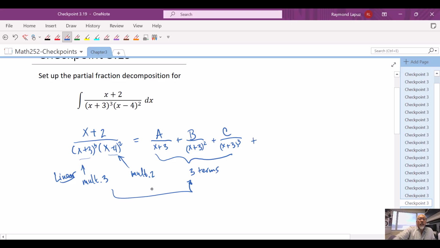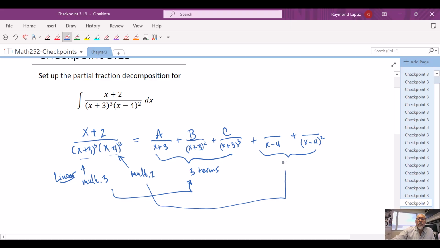And then for the second factor, we have a multiplicity of 2, so we should expect 2 more terms. The first term here will be x minus 4 in the denominator, and because that repeats with multiplicity 2, we have an (x minus 4) quantity squared in the denominator for the second term.